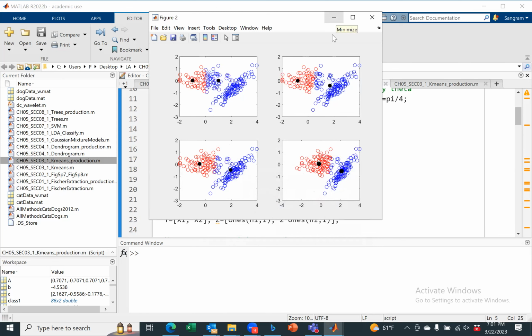Now, the other aspect which I want to show you is there are two ways to achieve this k-means clustering. There is the classic Lloyd's algorithm that we talked about, and there is the more efficient MATLAB k-means algorithm, which is an improvement on k-means clustering.